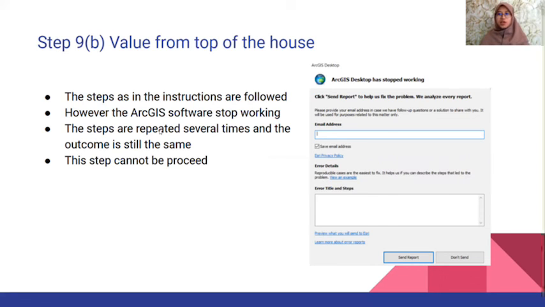However, after working on all the steps, the ArcGIS software stopped working and this message appeared. We repeated the same step several times, and the outcome was still the same. Our group only managed to complete all the steps until here.